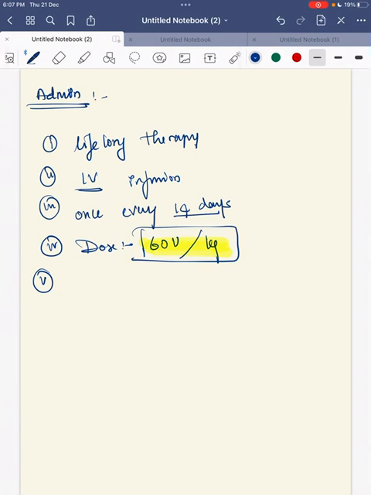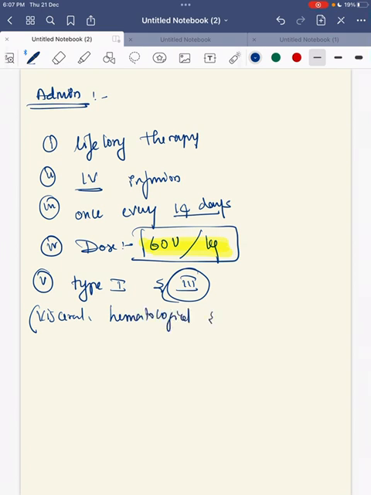Okay, this enzyme replacement therapy is mainly considered in children with Gaucher's disease of type 1 and type 3. In type 3, if it is a progressive neurological disorder, it is not used. It is mainly used for visceral, hematological and skeletal management.